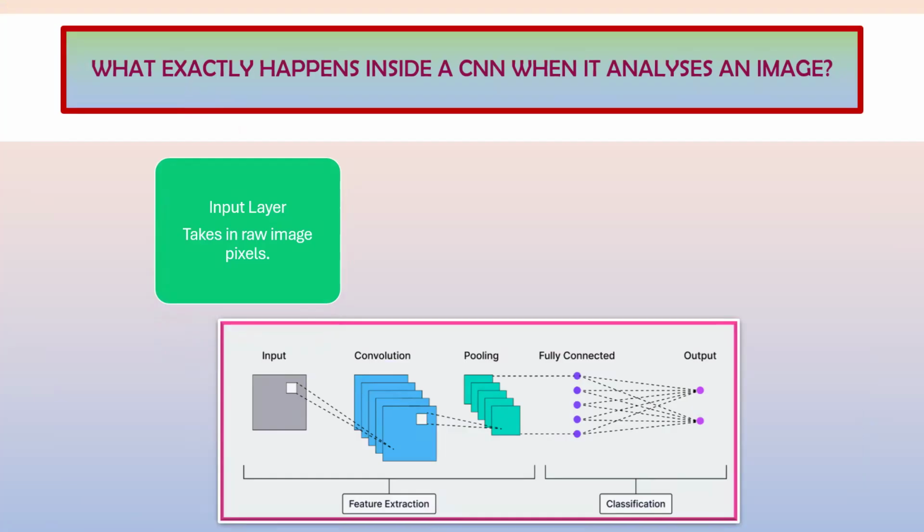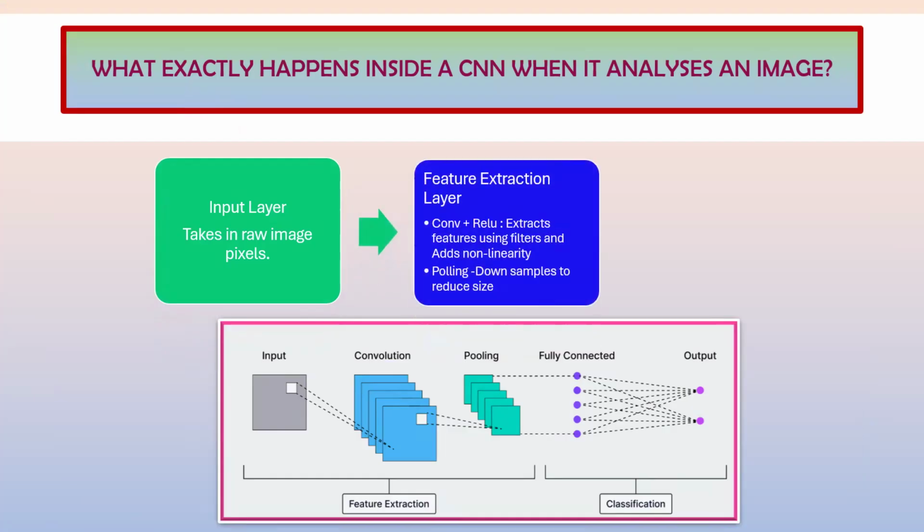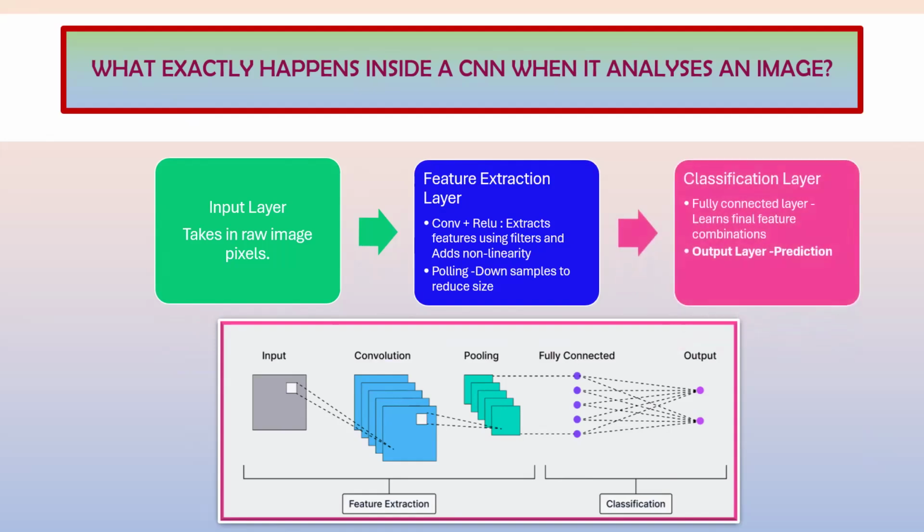Then the feature extraction block uses convolution layers and ReLU layers to extract important features, followed by pooling layers to reduce the image size while keeping key information. Finally, the classification block uses fully connected layers to combine these features and an output layer to make the final prediction. So let us understand the process in detail.